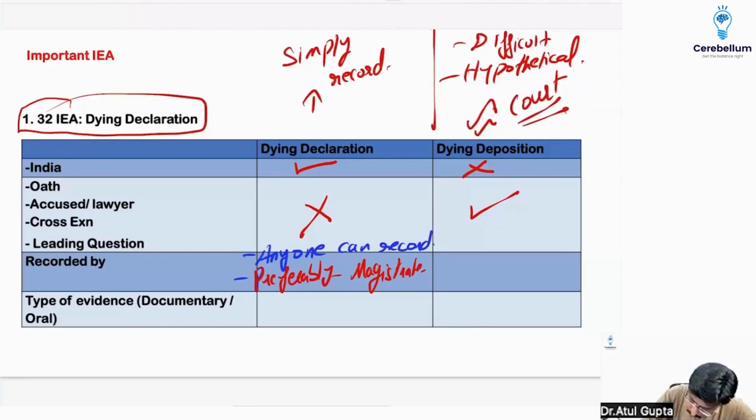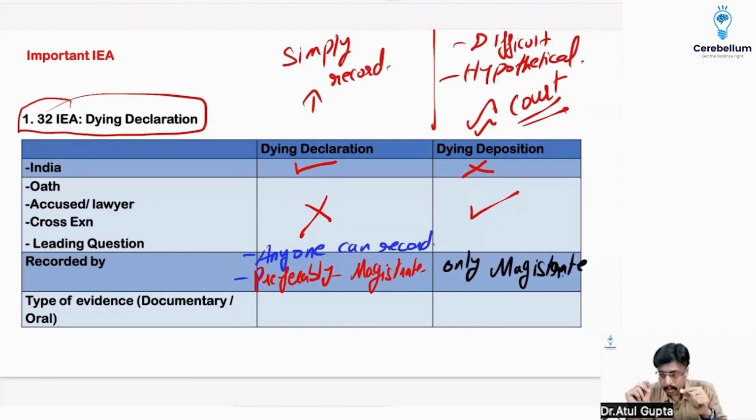Whereas in case of dying deposition, it is only a magistrate. So just remember this one thing: a dying declaration can be recorded by anyone, but if the question asks who should preferably record it, it should also be preferably recorded by a magistrate, but that is not mandatory. Whereas a dying deposition has to always be recorded by a magistrate only.